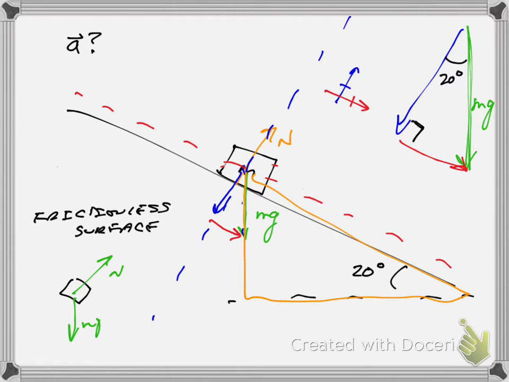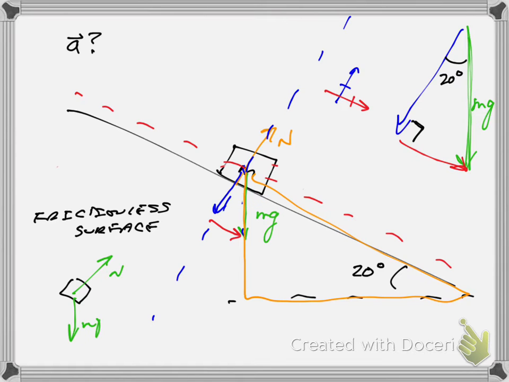Well, there's two ways I can prove it. One is this orange triangle I've drawn. With this orange triangle, you can see that this angle here has to be 70 degrees, right? And if that angle is 70 degrees, then this angle has to be 20. So that's one way to prove it.